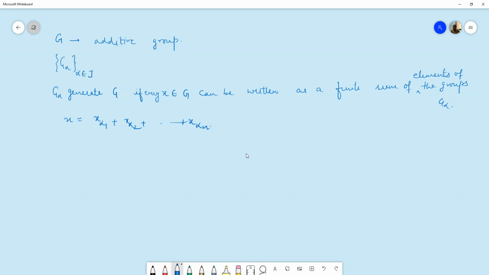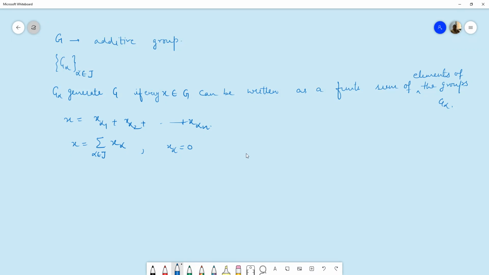So in this case, we assume that X is summation X alpha, where alpha belongs to J, the indexing set. Now it is understood that because X is a finite sum, X alpha is 0 except for a finite number of elements in this summation.